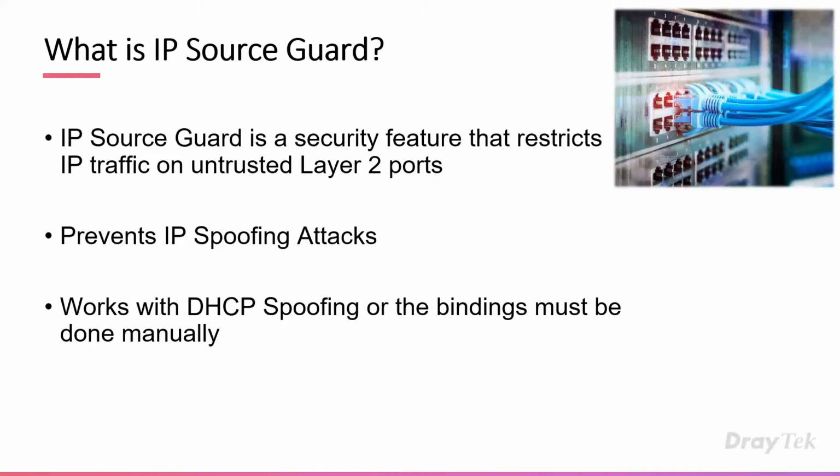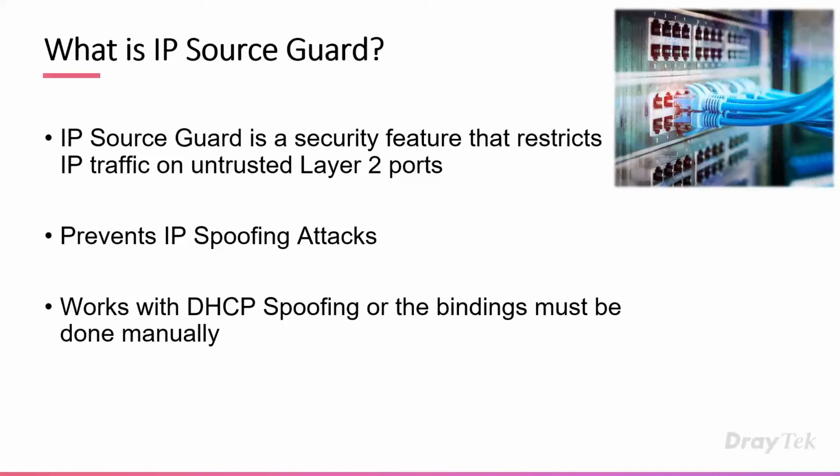This feature prevents, or helps prevent, IP spoofing attacks when a host tries to spoof and use the IP address of another host. Any IP traffic coming into the interface with a source IP address other than the one assigned via DHCP or statically configured will be filtered out on the untrusted layer 2 ports.